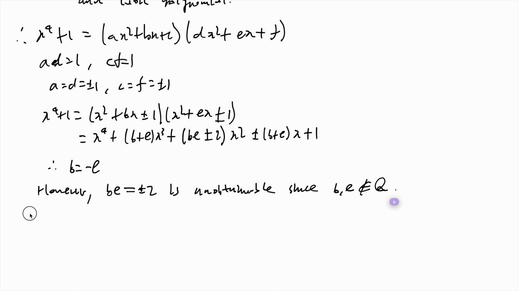Therefore, a contradiction occurred. For the sake of contradiction, we said that we are able to factor it like this, assuming that a, b, c, d, e, f are all rational numbers. But then a contradiction occurs, so we know that our first statement right here is false. So it is irreducible.